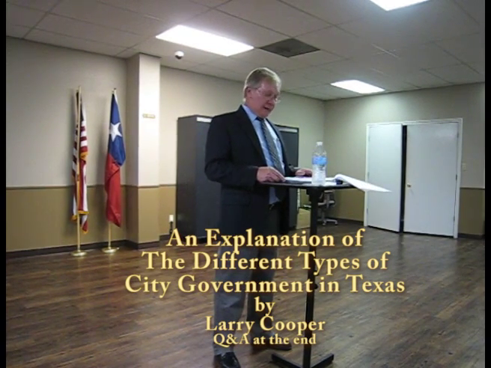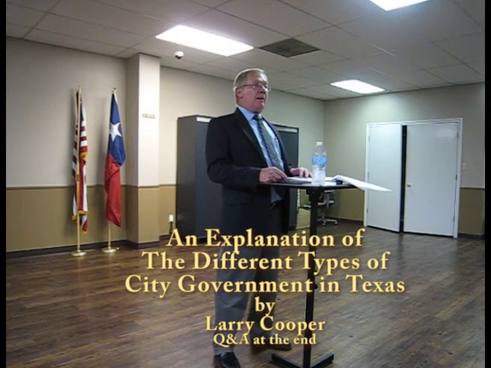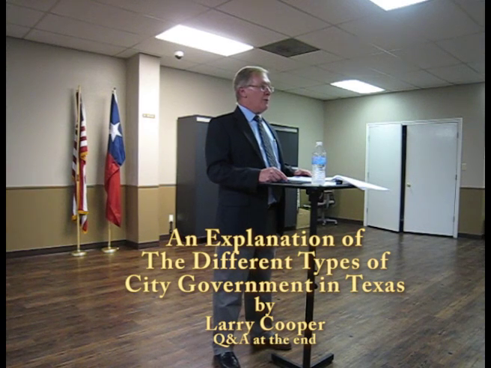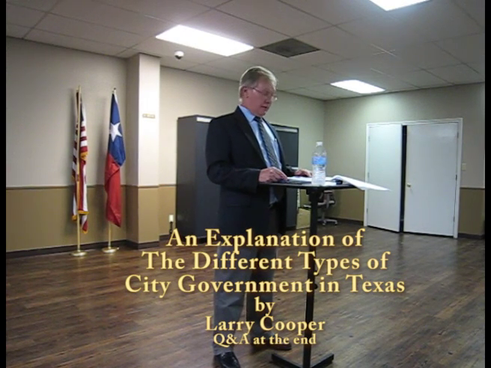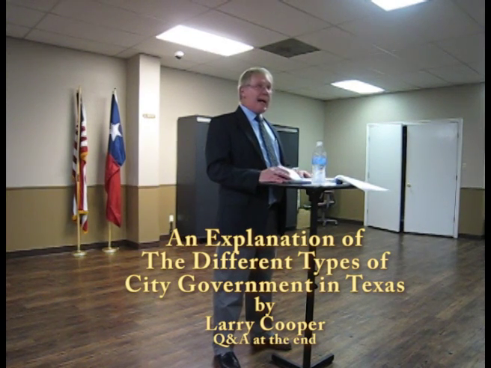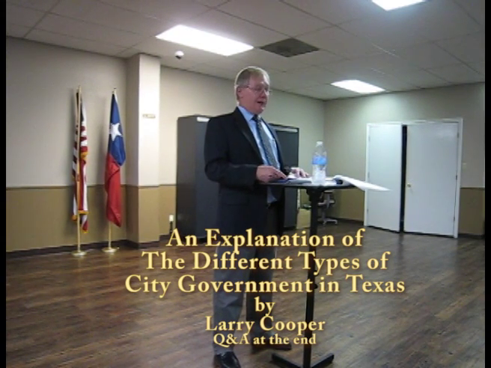As I said, we are a Type A general law city. We can become a home rule city once we reach a population of 5,001 or more. We can if we want to. Don't have to. Van Alstyne's population from the 2010 census was 3,046. Now, I'm sure it's larger now, but I don't think we're near that 5,000 figure.